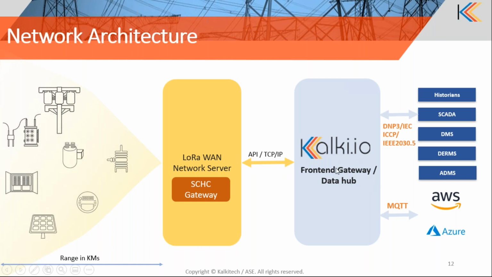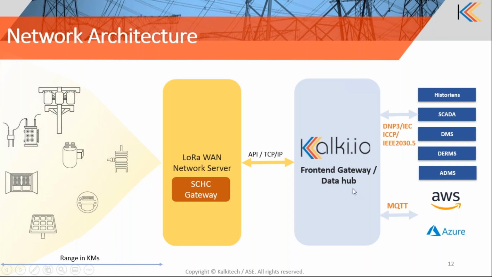You can use Kalki.io as a front-end gateway to collect the data from the LoRaWAN network server and share it with legacy systems, OT systems, or standard protocols like DNP3, IEC 60870-104, ICCP, or even IEEE 2030.5, which is the SunSpec solar standard, if you want to share it with DER systems as well.